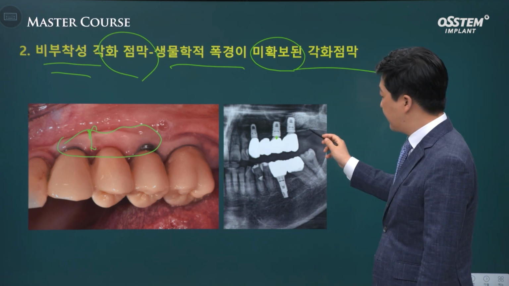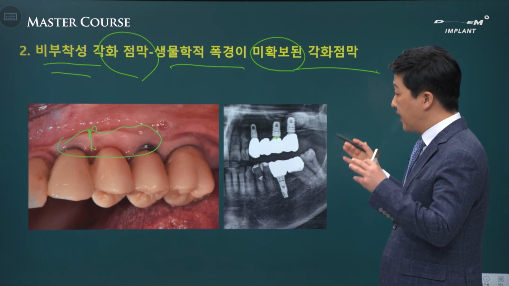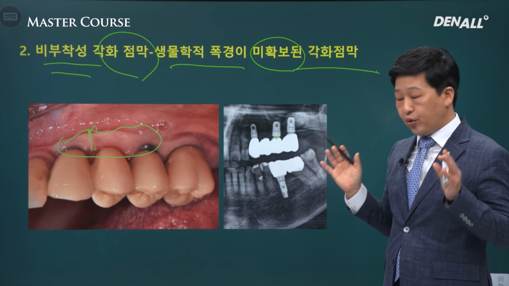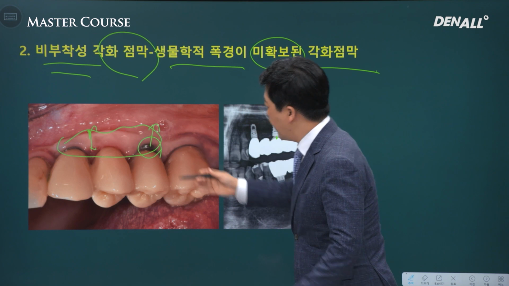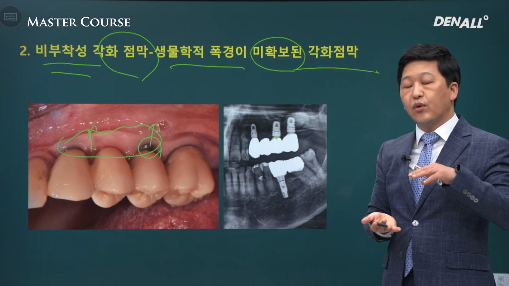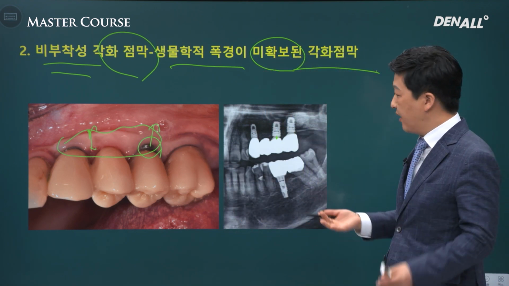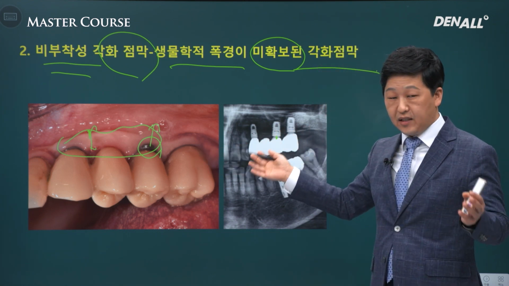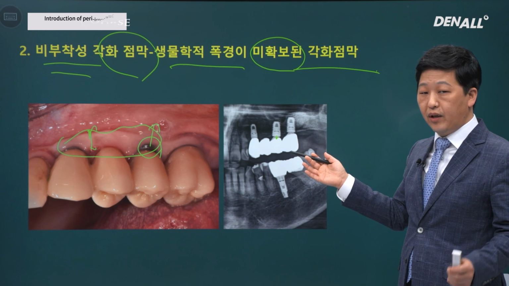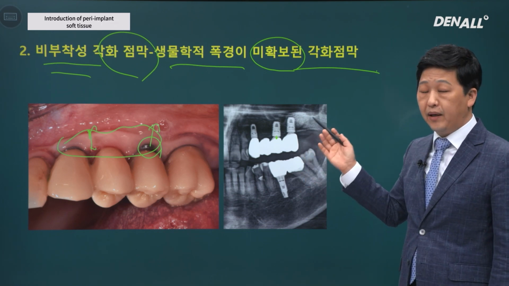In this case, there is keratinized tissue, but because there is lack of biologic width, our body tries to secure that biologic width with alveolar bone resorption. Although there's keratinized mucosa, if teeth brushing is insufficient, there is a high possibility of peri-implantitis or peri-implant disease.